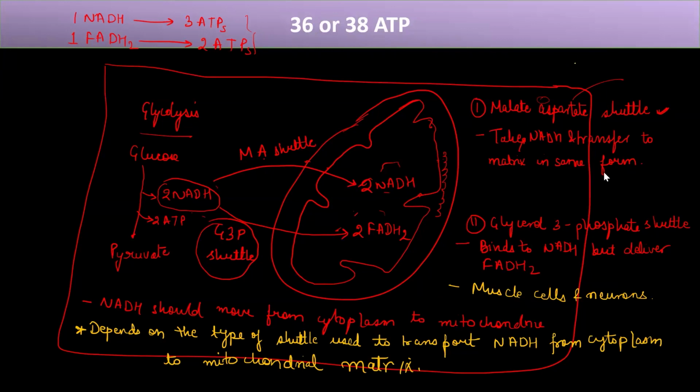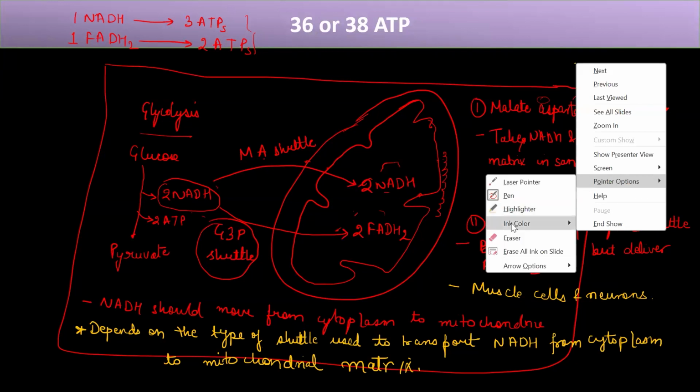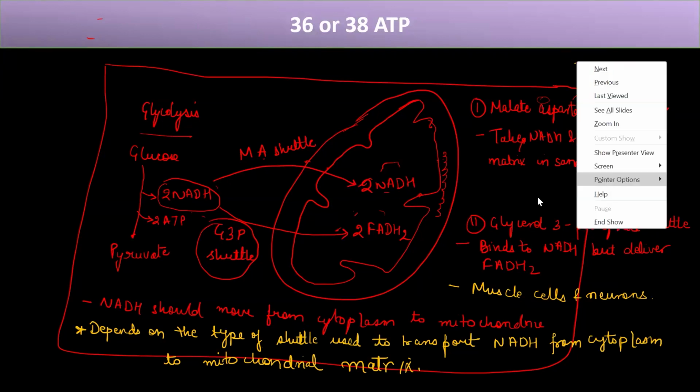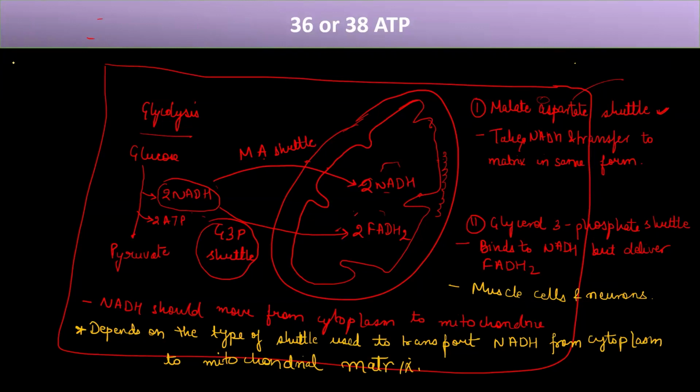All the enzymes that are involved in the Krebs cycle are present in the mitochondrial matrix itself, except one enzyme known as succinate dehydrogenase.